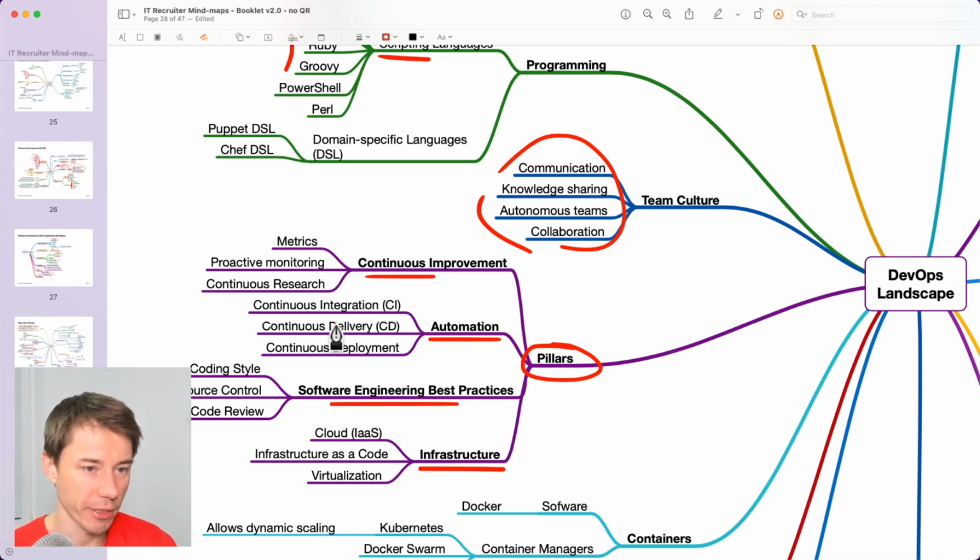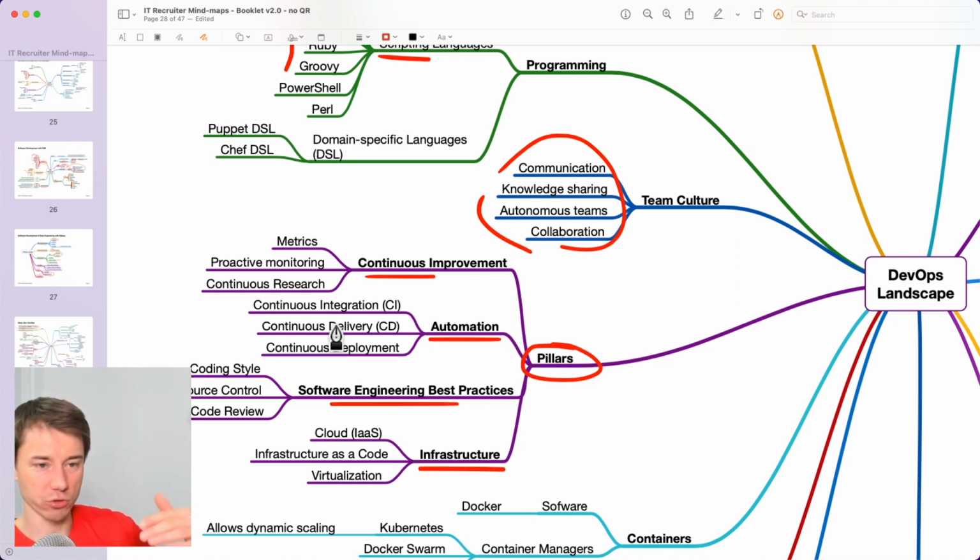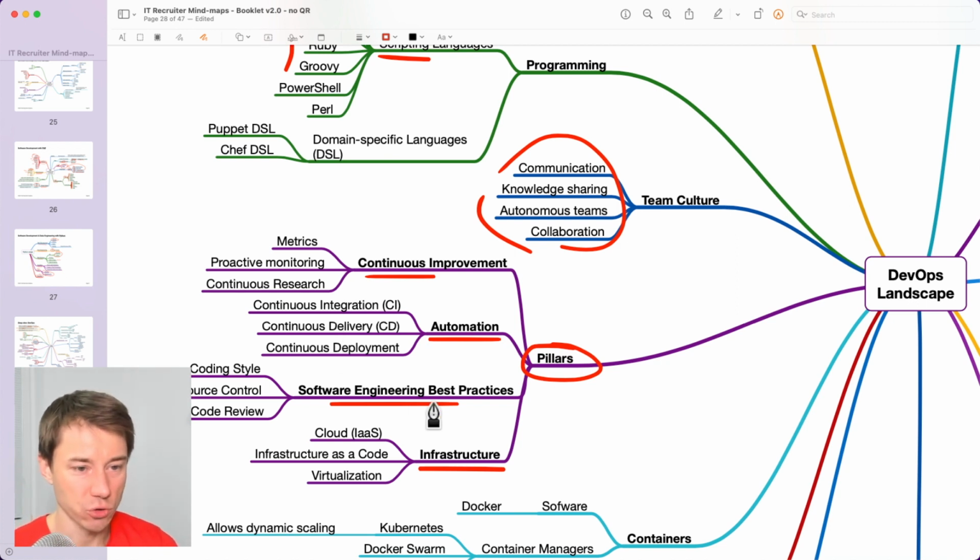When it comes to automation, I already mentioned continuous integration and continuous delivery. When it comes to best practices, we are talking about different coding styles that should be merged into one that everyone in the team follows, a source control system, for example Git, and peer code reviews. That's what developers do frequently. They review each other's code.